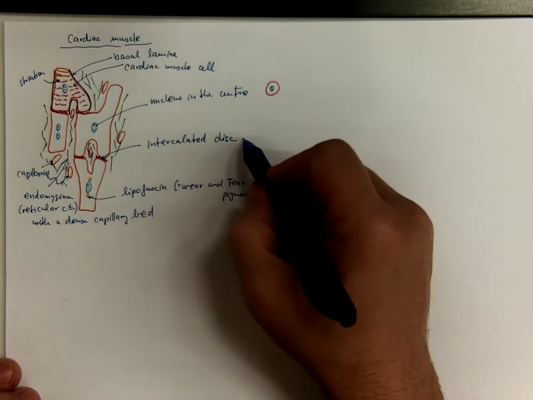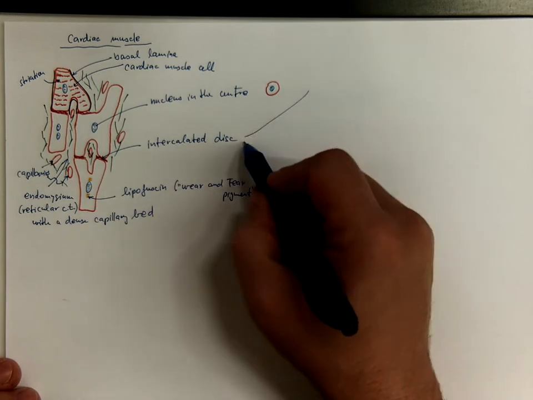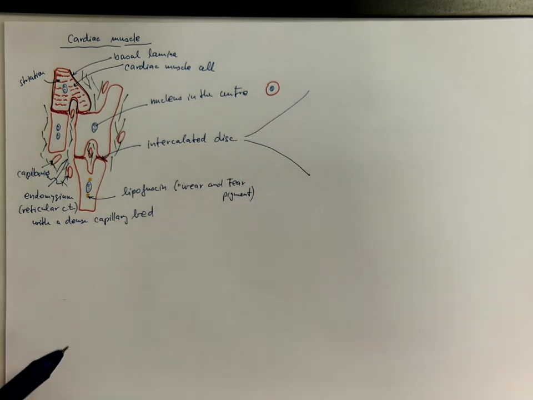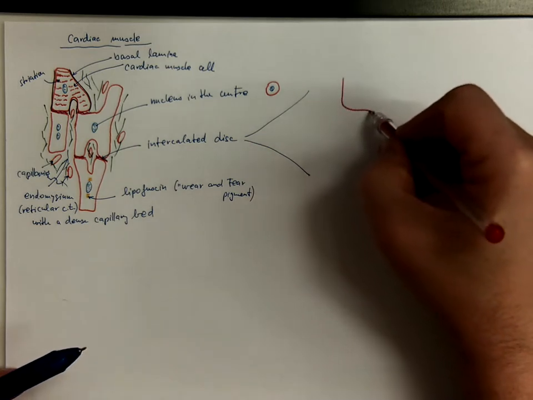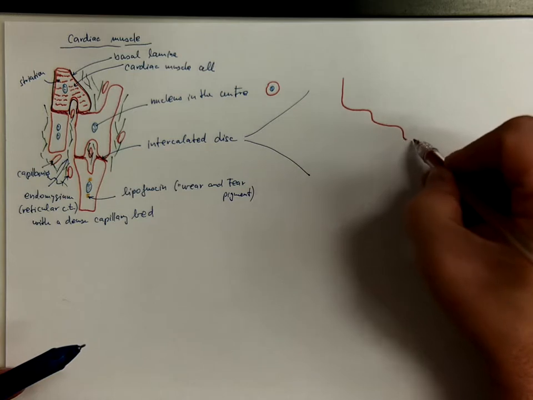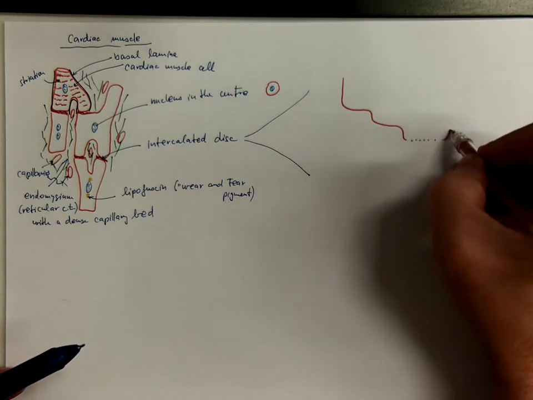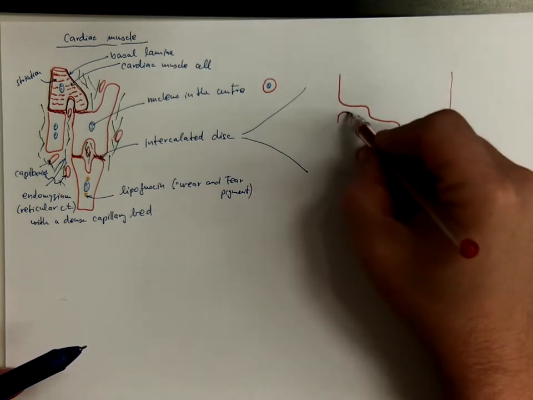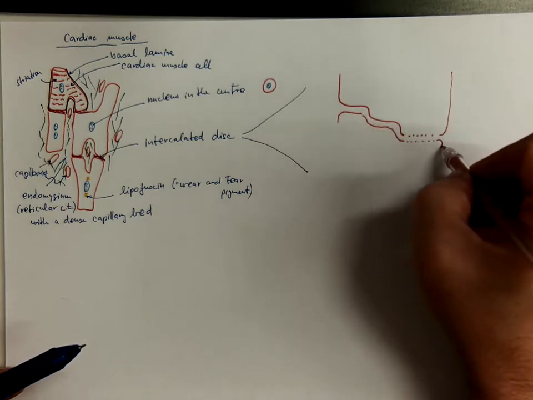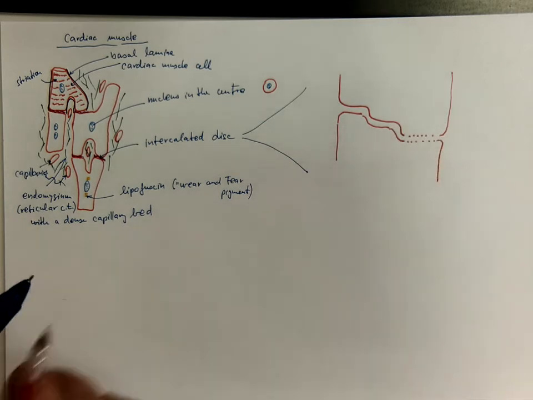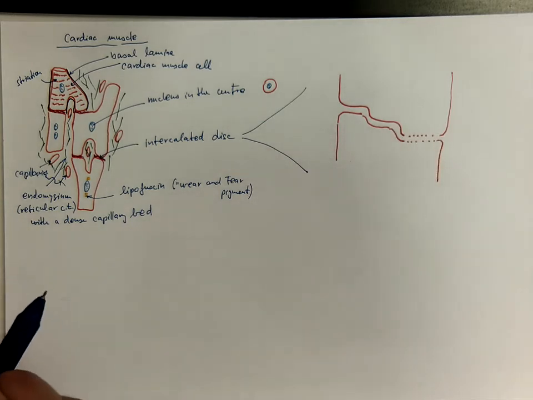If we look more closely at the intercalated discs, where two cardiac myocytes meet, it's not straight, it looks like this. And there are cell-to-cell junctions that provide both mechanical as well as electric coupling.